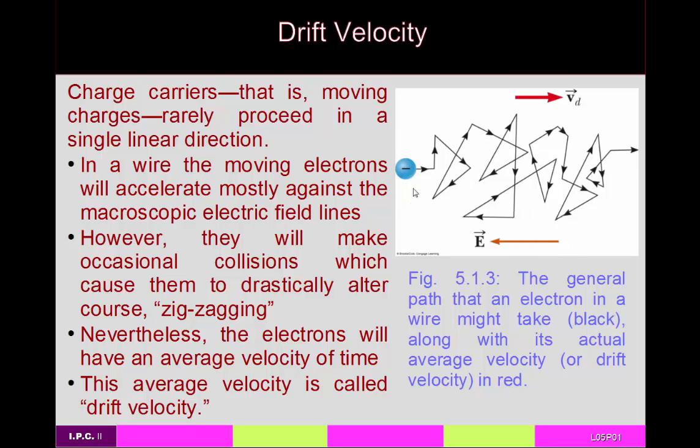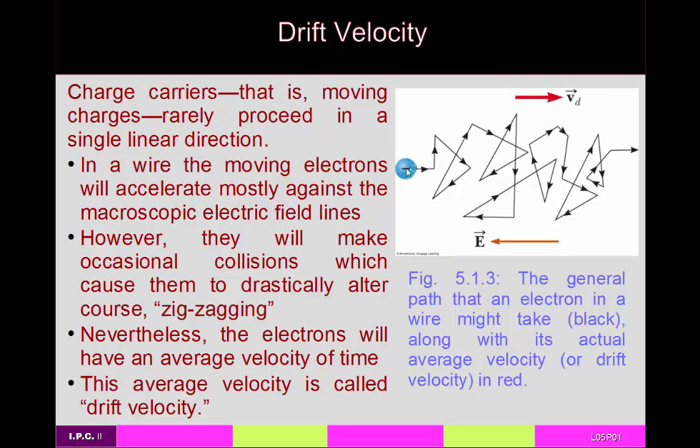So that's what we would expect for a free particle in free space with an electric field. If it is an electron, it should move. If initially at rest, it should move basically against the electric field line. And that's basically what happens on average. And that average is called the drift velocity.